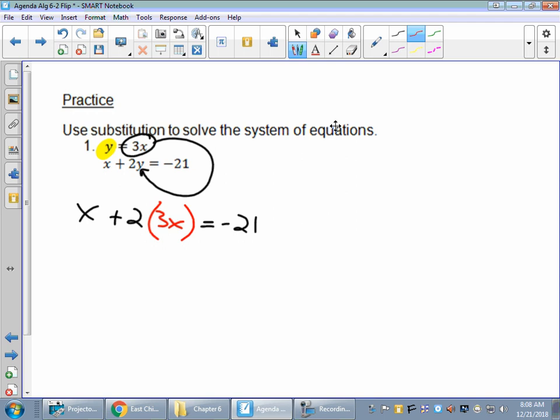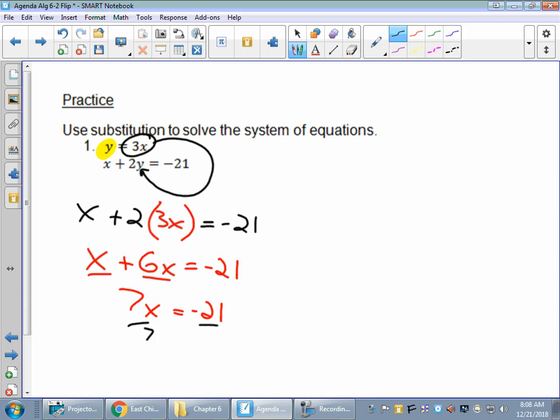So if we do that, now we're going to say x, and then we've got 2 times 3x is 6x equals negative 21. From there, we can solve. I can combine these two to make a 7x, combining like terms, and then it equals negative 21. And I divide by 7, and I've got my x to be negative 3.